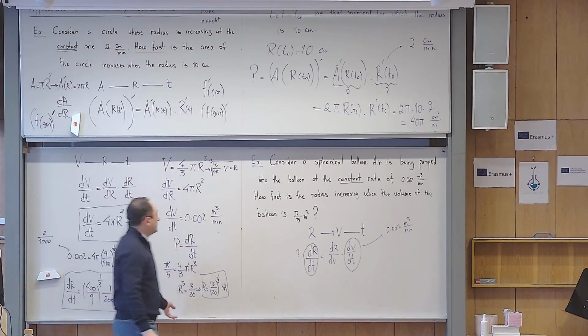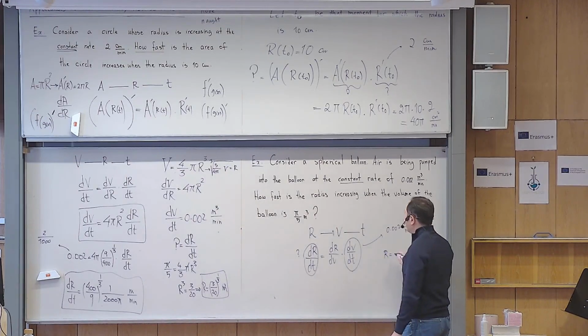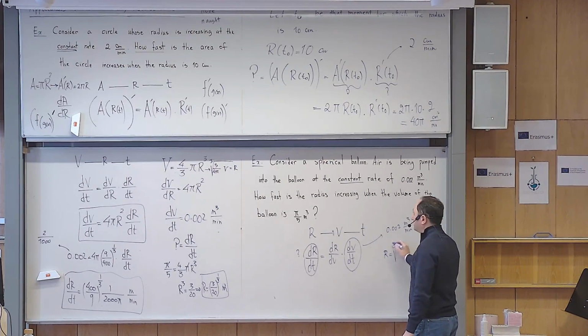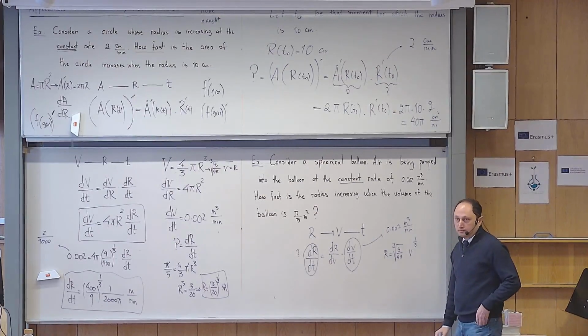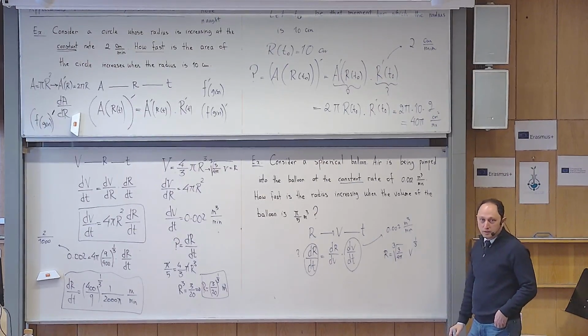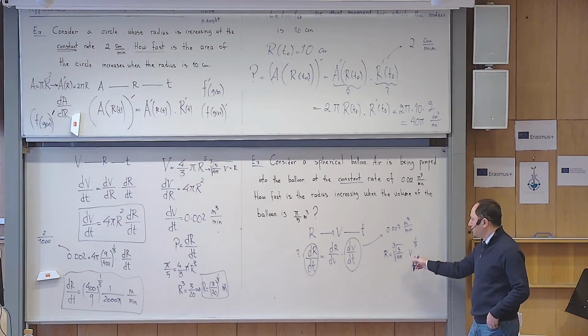In that case, I can simplify this. R becomes the third root of 3 over 4π, and then the third root of V. And if you don't mind, let me write V to the power of 1/3. If you insist on doing it in this arrangement, it is possible, but you have to suffer a little bit in differentiation.